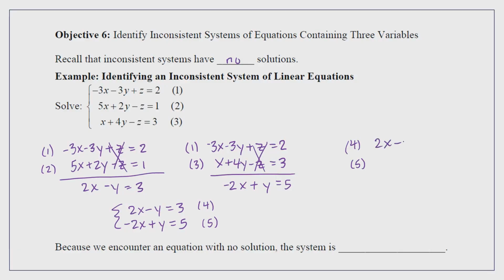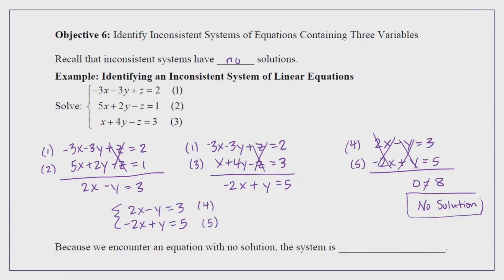So 2x minus y equals 3 and minus 2x plus y equals 5. So the x variables cancel and the y variables cancel, which gets me 0 equals 8, which is not true. So there is no solution to this system of linear equations. So because we encounter an equation with no solution, the system is inconsistent.